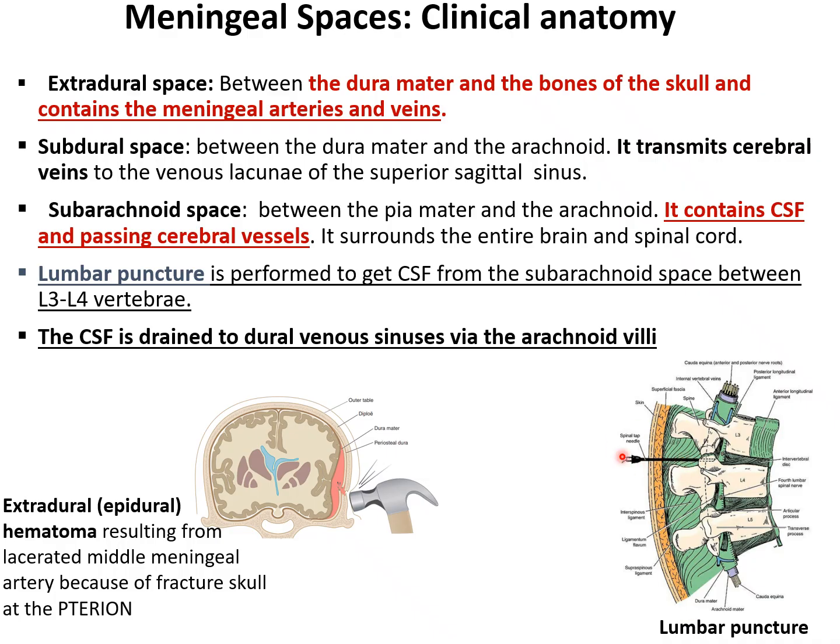Also, as I mentioned, in the extradural space between the dura and the bone, there are the meningeal vessels, and in case of fracture of the bone, see here at the pterion, there is an extradural hematoma or hemorrhage.